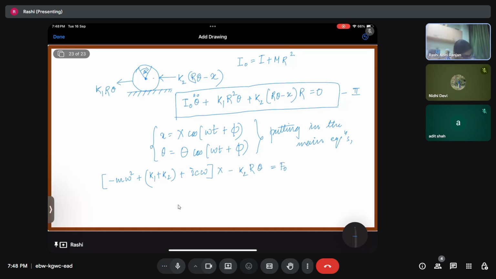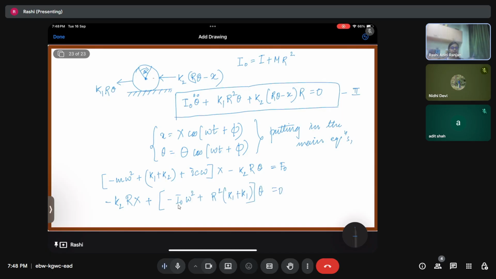The second equation: minus k2 r x plus minus I naught omega square plus r square (k1 plus k2), times theta, is going to be equal to 0.